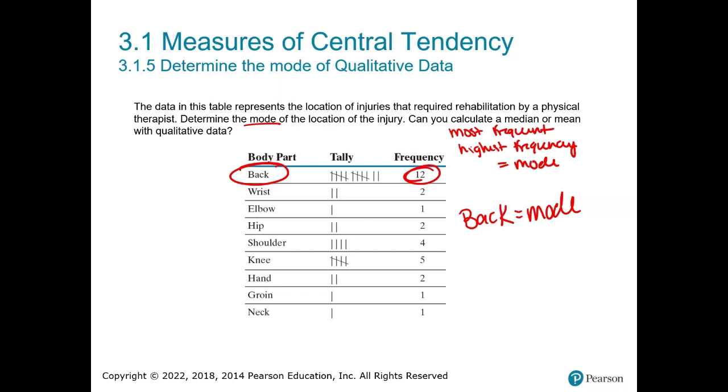No, it doesn't make any sense. So even though I may have frequencies and you see numbers, qualitative data can only have a mode. We can never discuss a mean or a median with qualitative data. Word data can only have a mode.